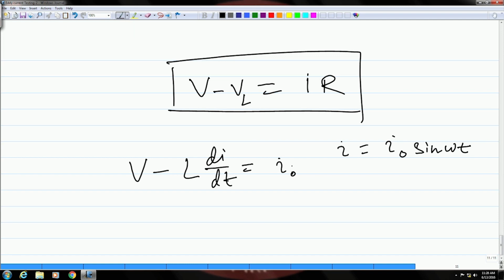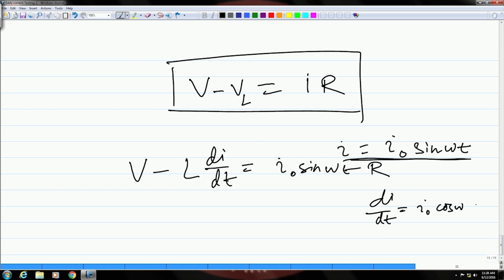I is I naught sin omega t, and from here you can also derive dI dt, which is this.